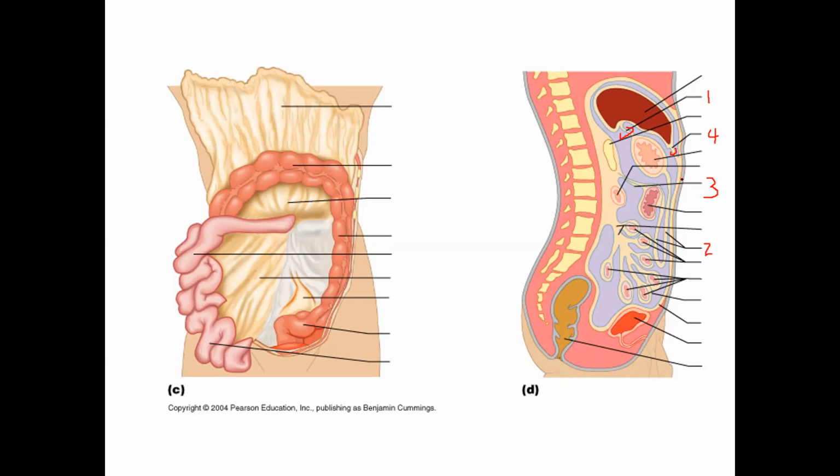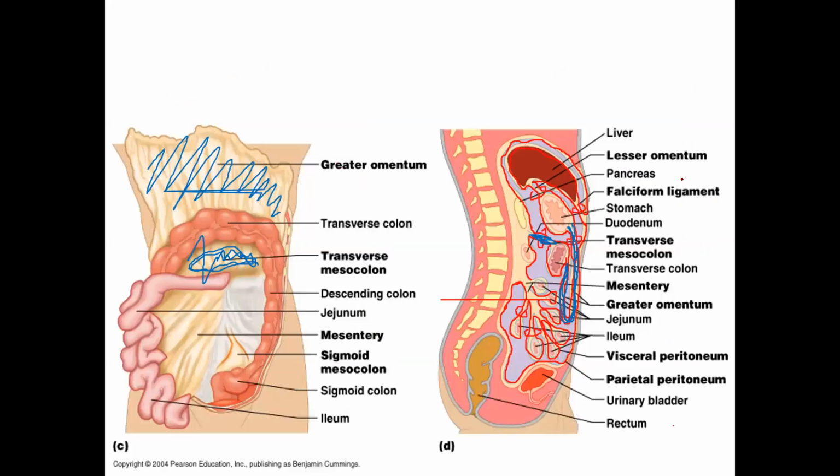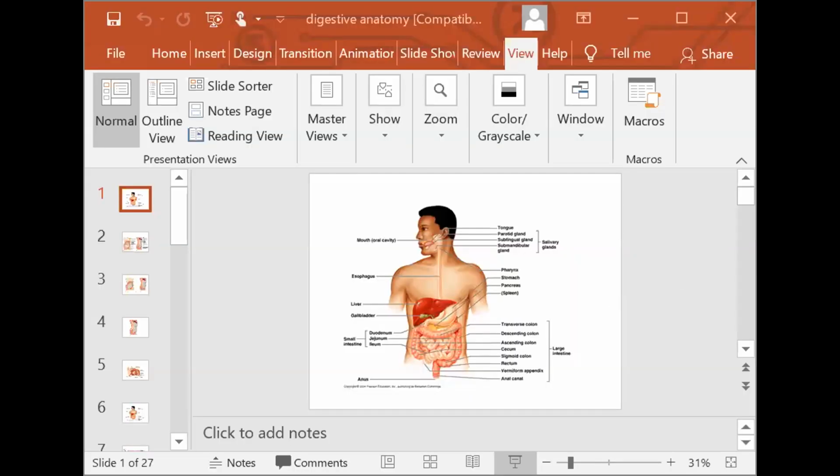Okay, let me go back. I really want to get rid of these lines. Let me see if I can do that. Hold on one second. Oh, is that permanent? Bummer.